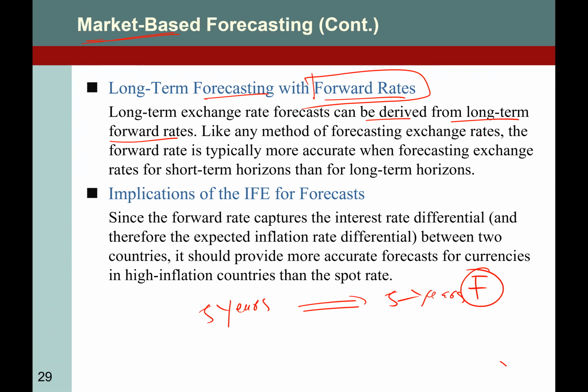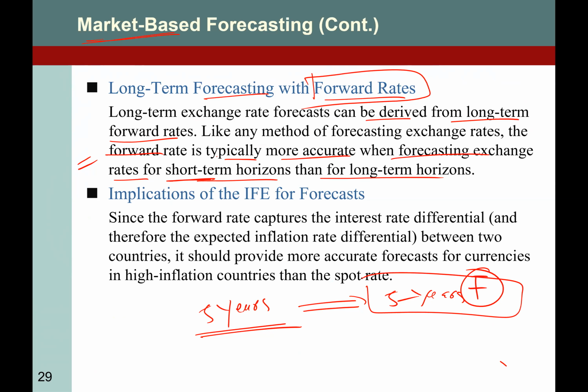Like any method of forecasting exchange rate, the forward rate is typically more accurate when forecasting exchange rate for a short-term horizon than for a long-term horizon. So if the forecast period is long, chances are that there is more error, because in the long run anything can happen.